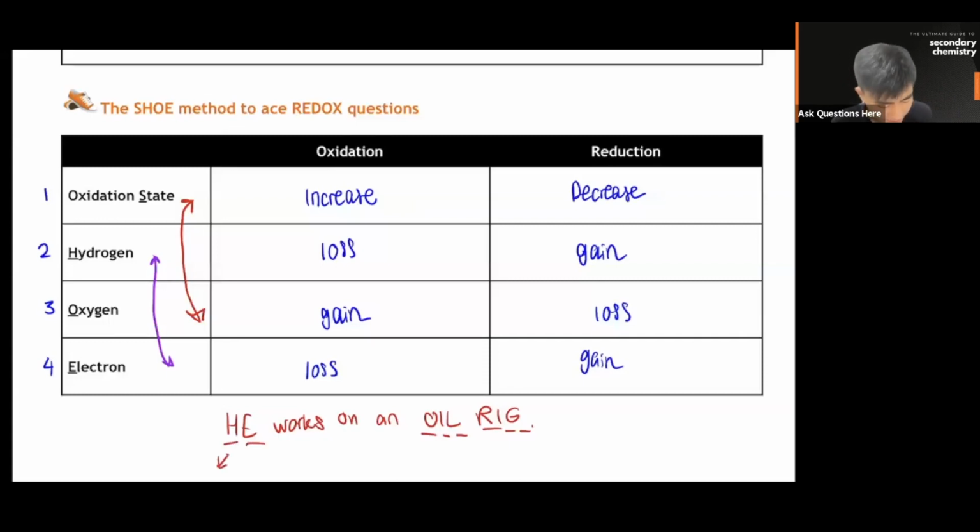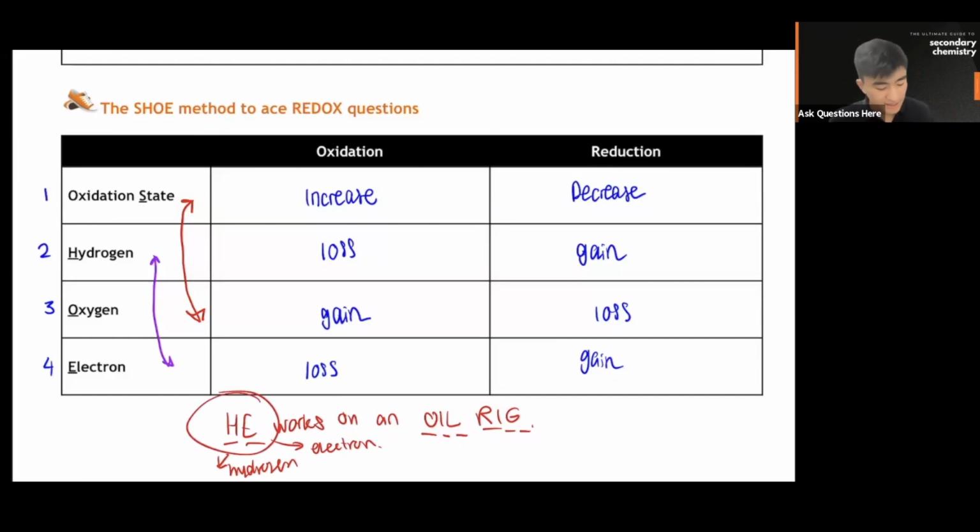He, hydrogen, and electron. Okay, hydrogen and electron is always oil rig. Oxidation is loss of hydrogen and loss of electron. Reduction is always the gain of hydrogen and gain of electron. So this is how you remember. Okay, so this is how the story ends. A bit lame, but it gets the idea across, right?